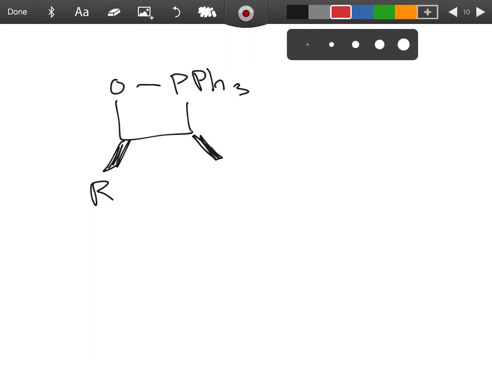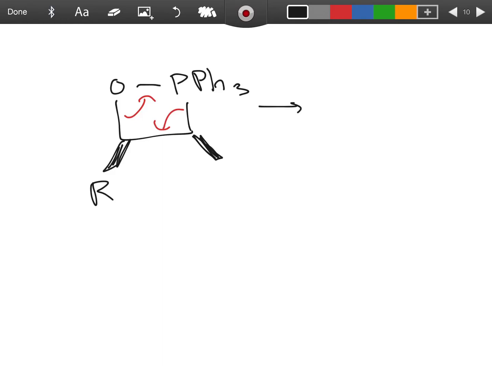So here, the R group and the methyl group are on the same side. When this unwinds, or does the retro 2 plus 2, if they're on the same side, you'd think they'd end up on the same side of the product.